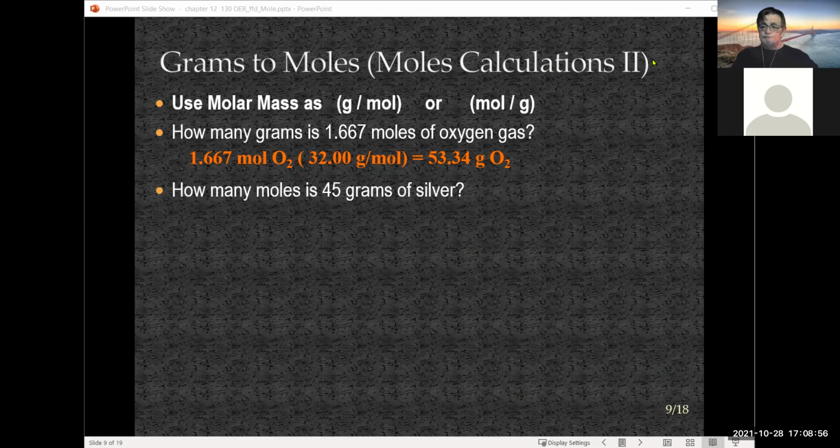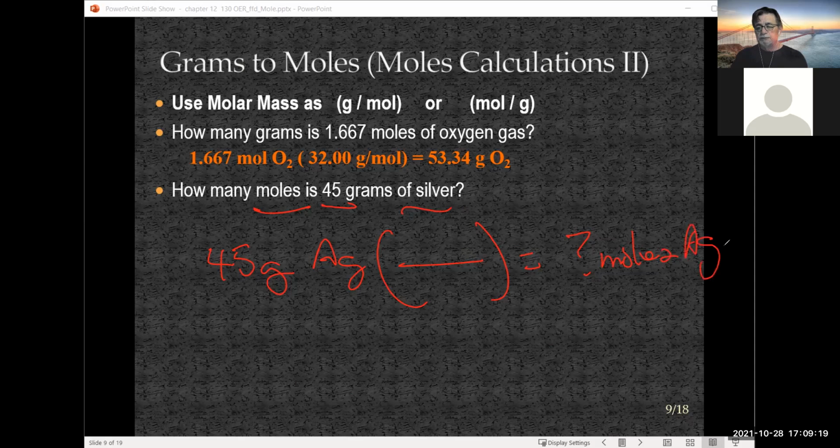Okay, this one here, we'll break it down again. They're asking you how many moles is 45 grams of silver. All right, so we write down what we're given, 45 grams of silver. Okay, obviously I'm going to need the atomic mass of silver, and that will give me the moles of silver.